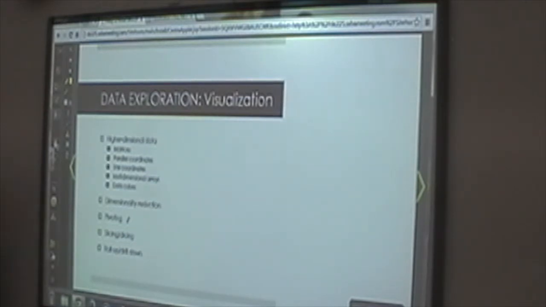So again, you can fix values and just see what's happening within certain values. Pivoting is when you're basically doing dimensionality reduction and keeping everything except for two values. We talked a little bit about slicing and dicing and roll up and roll down.